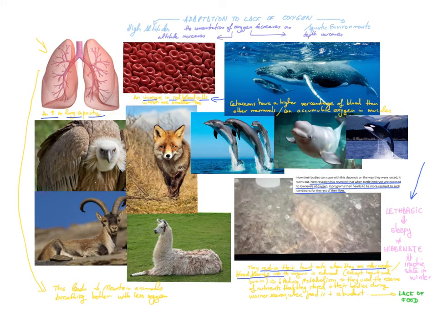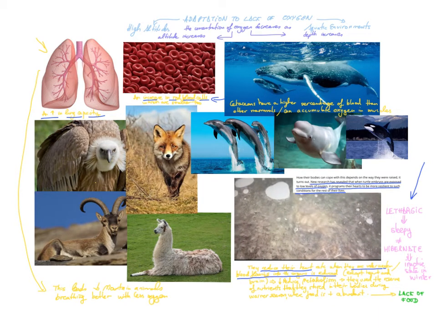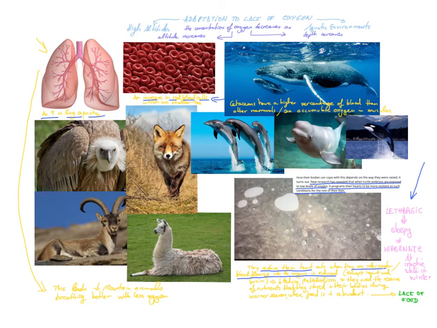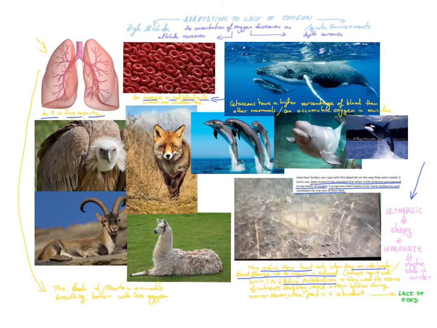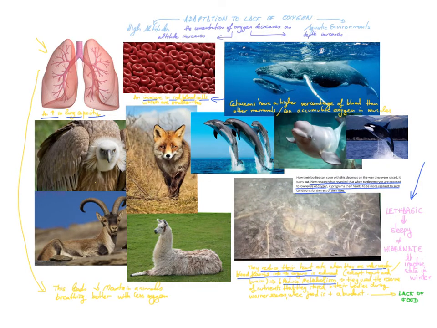The blood flowing to the organs is reduced, except to the heart and brain because they are the main organs, and they reduce their metabolism. Apart from this, they also use the reserve of nutrients they have stored in their bodies during warmer seasons when food is more abundant.